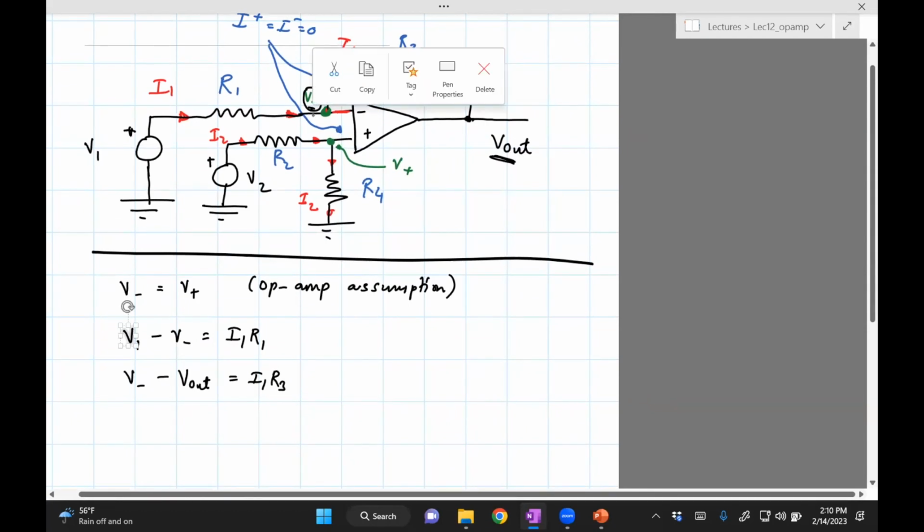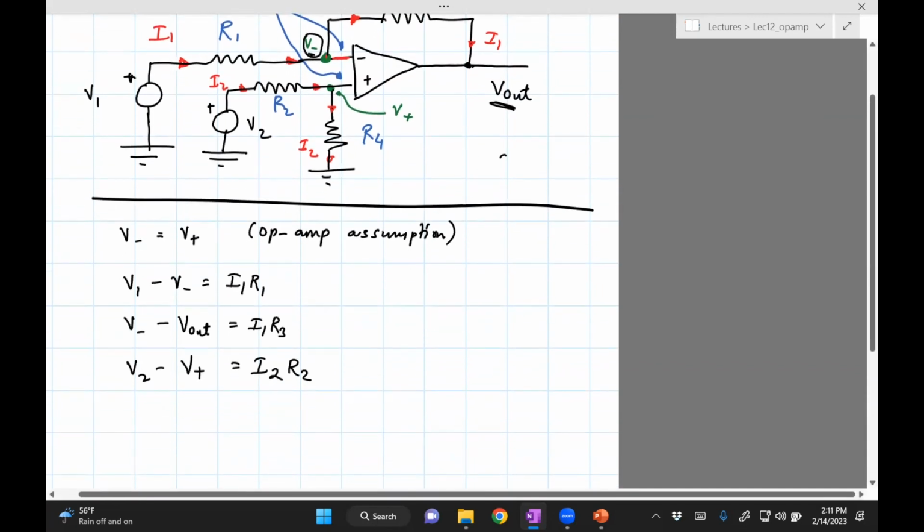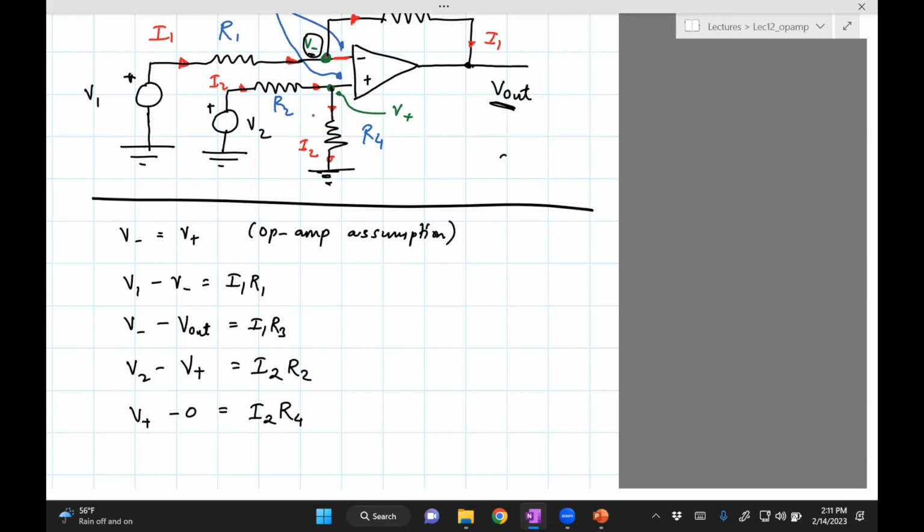Let's try the equations for I2. So V2 minus V positive, which is the voltage here, should be equal to the voltage drop across R2. And then finally, V plus is at a higher voltage than ground. So V plus minus 0, which is the ground, equals I2 R4.